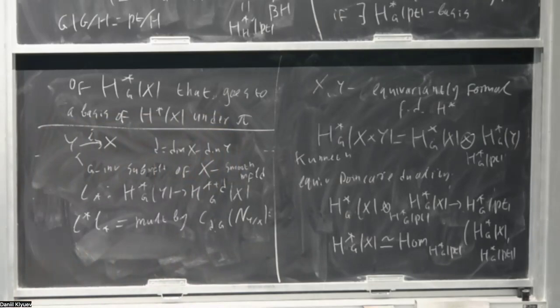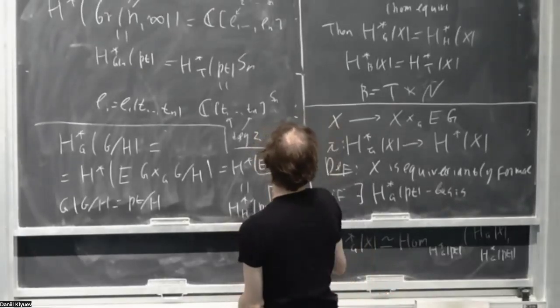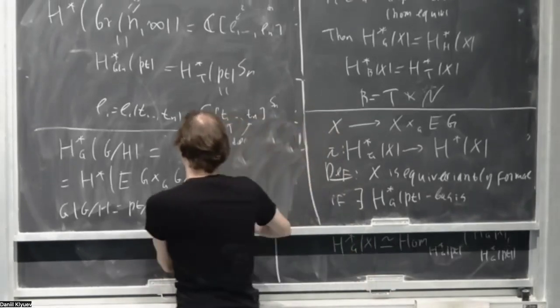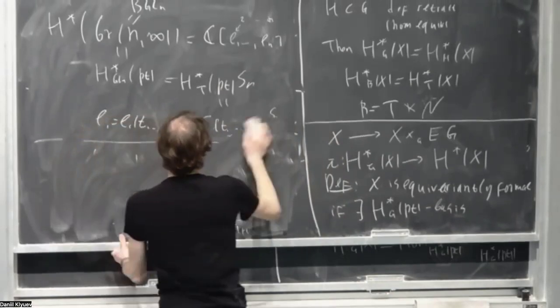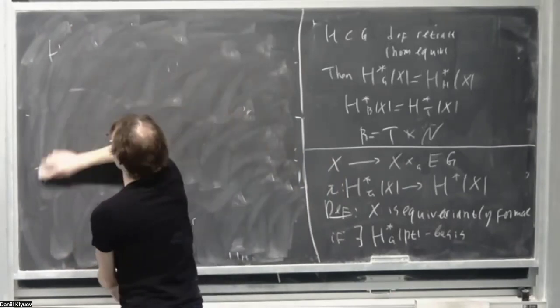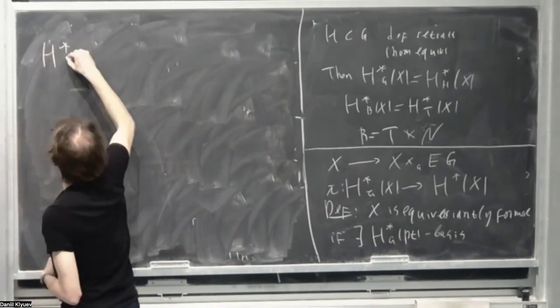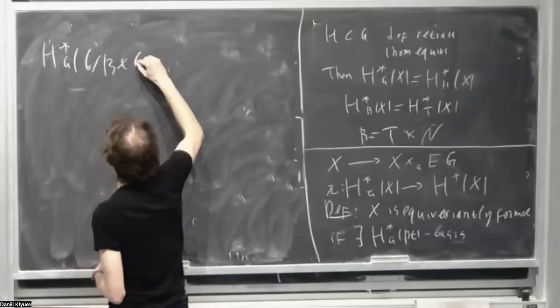And maybe an example of such a trick is the ring that we'll discuss in the third lecture. So H star G of GB cross GB.